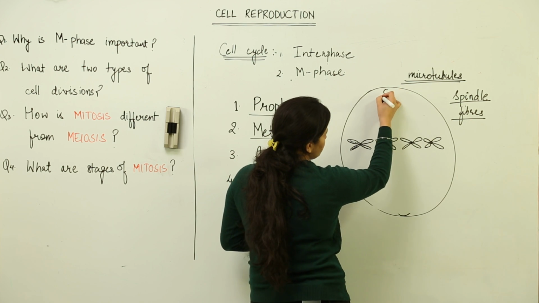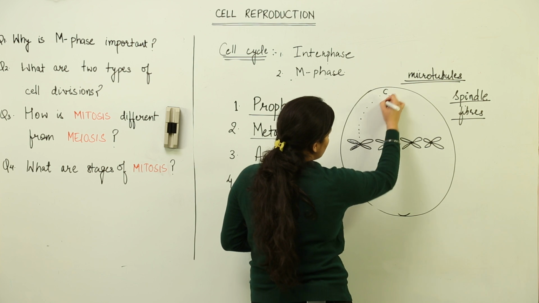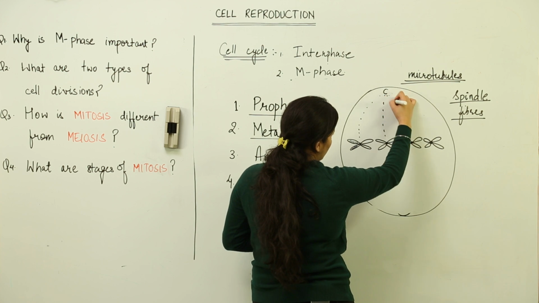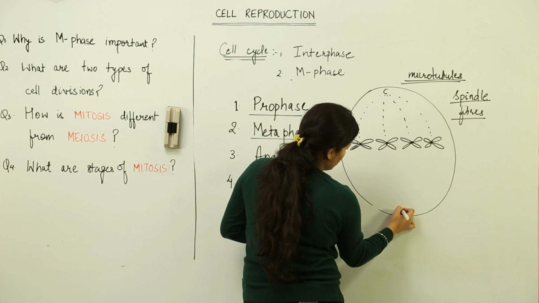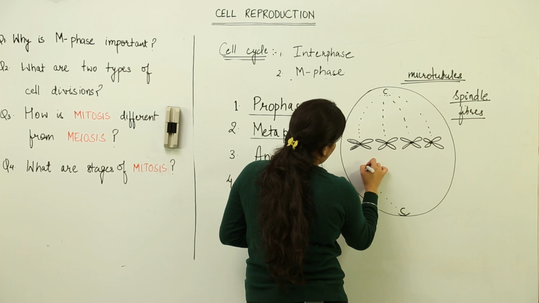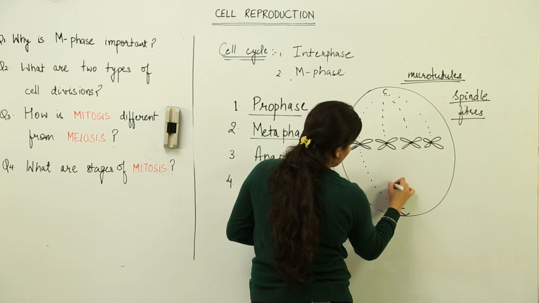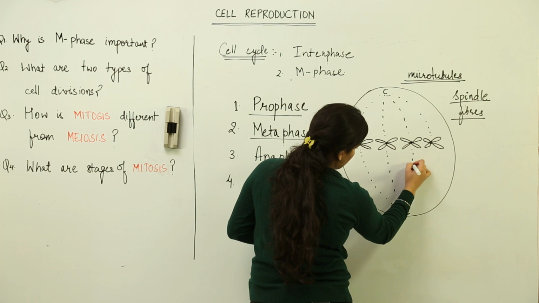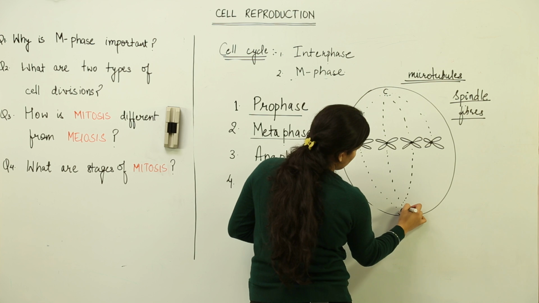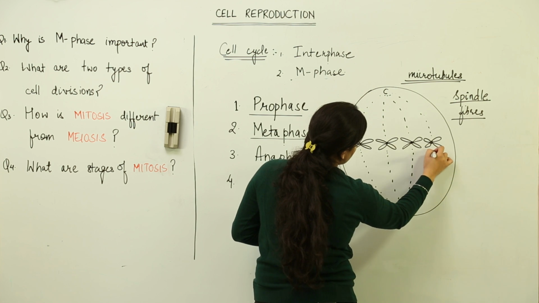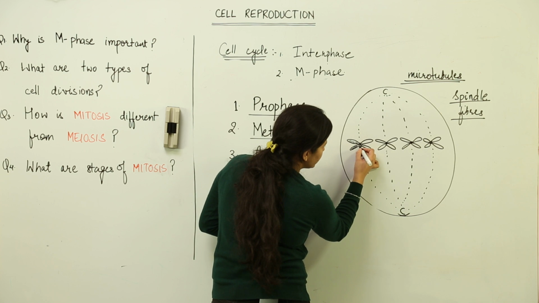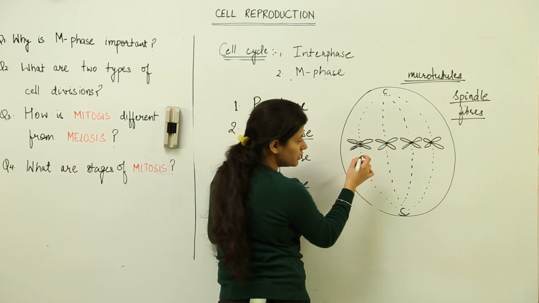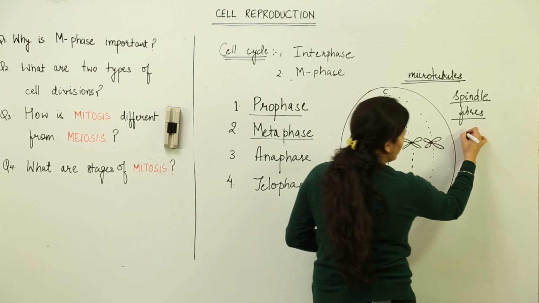Centrioles have their spindle fibers coming like this. It's like this.